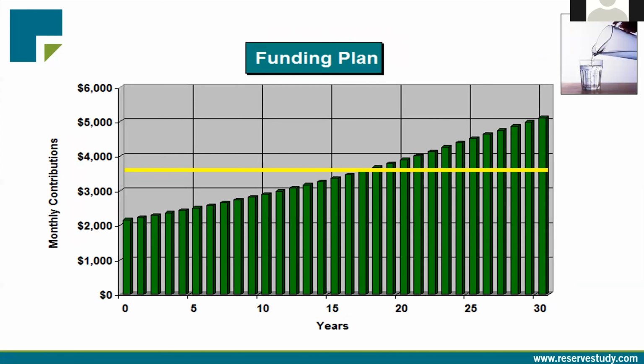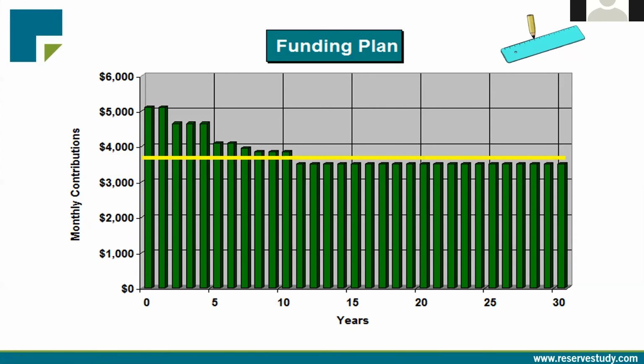Here's the cash flow chart again, now showing the average of contributions over the years in yellow, again with that steady climb. Here's the component method chart showing the average contributions over the years in yellow. Due to the funding being for the exact same components, the amount of cash going into reserves over the years is very similar.